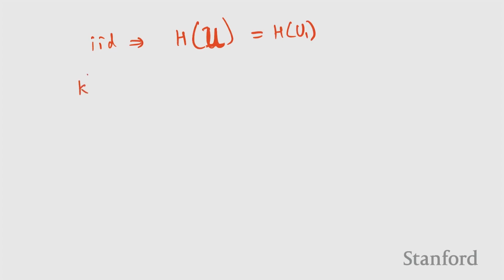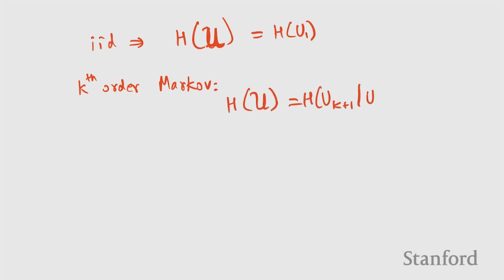For kth order Markov in general, the entropy rate is the entropy of the (k plus 1)th symbol given the first k symbols. So in these cases, the entropy rate is easy to compute. The idea is that if you know the past k symbols, how much uncertainty is in the next symbol. That's the whole idea here.